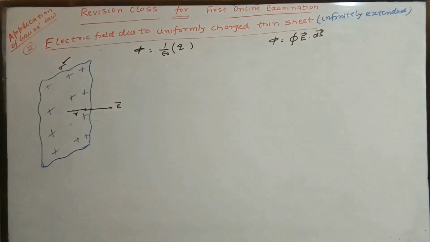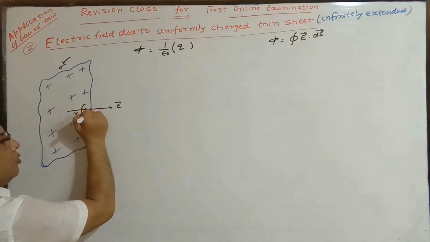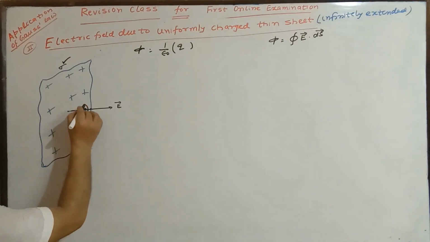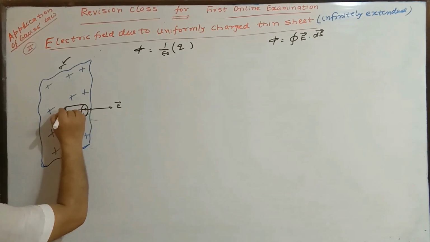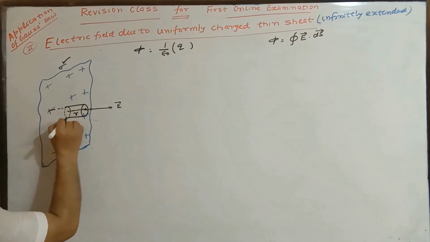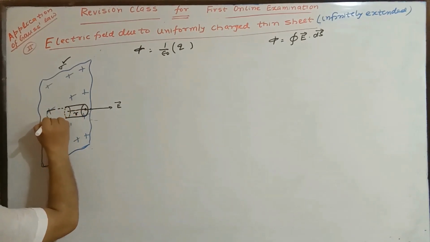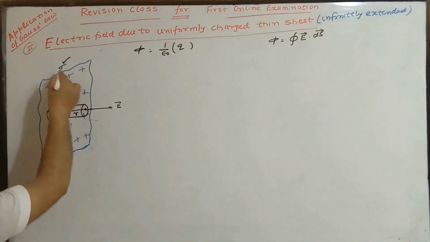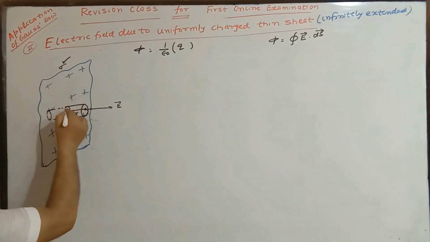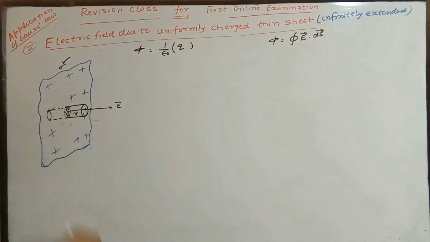We would like to draw a Gaussian surface in the form of a pillbox or a small cylinder, such that this point comes on the surface of this cylinder. The cylinder is somewhat like this, half on this side and half on the back side. So a zone of this thin sheet is enclosed here.